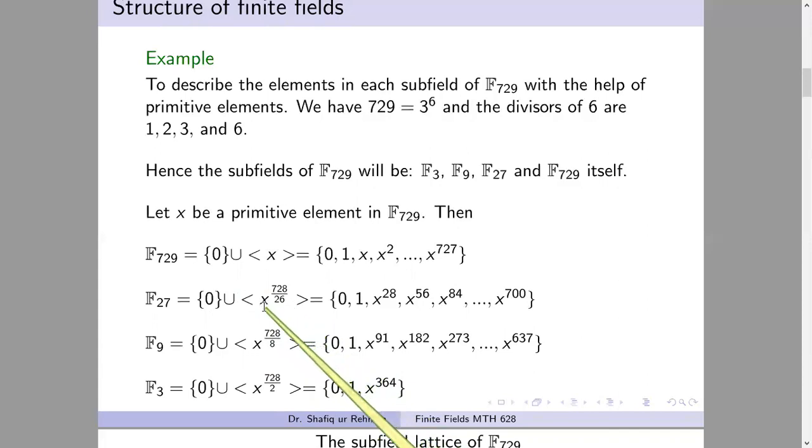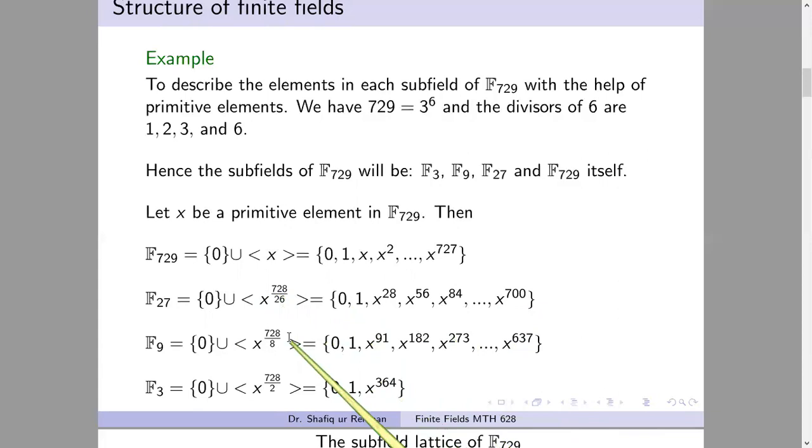So what is the procedure? We will generate this group by taking x power the order of x divided by 26. This is a general mechanism in cyclic groups: whenever we have a cyclic group generated by x of order n, and we generate another group by x power n over some divisor d, it has d elements. For each divisor, we can generate such a cyclic subgroup.